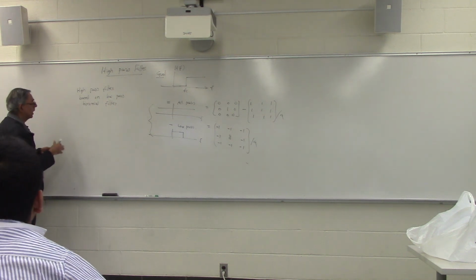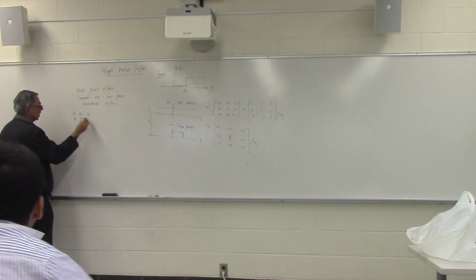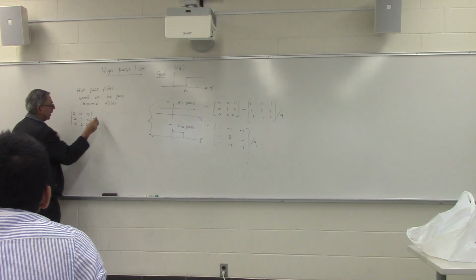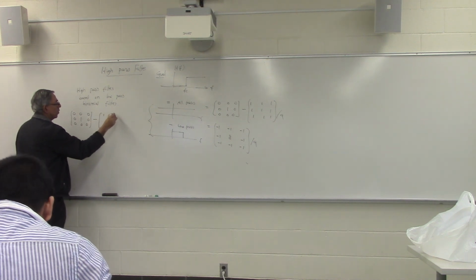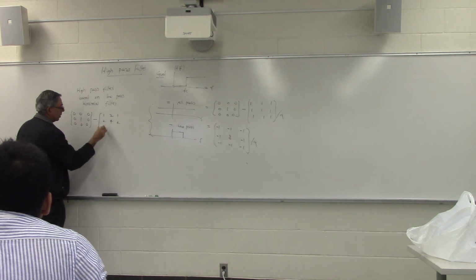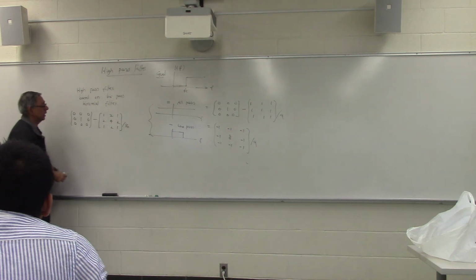So the kernel for that will be 1, 2, 1 minus 1, 2, 1, 2, 4, 2, 1, 2, 1. So that means divided by 16, right?